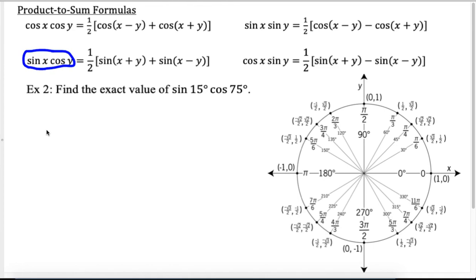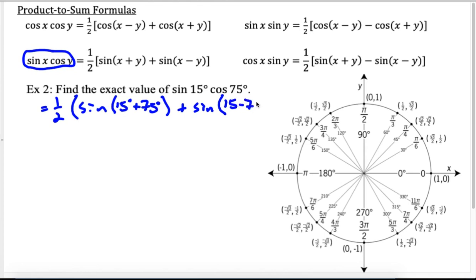So we can write this out and say, well, this is going to be equal to 1/2 times the sine of the sum of those angles. So 15 degrees plus 75 degrees. And then plus the sine of their difference. So 15 minus 75 degrees.